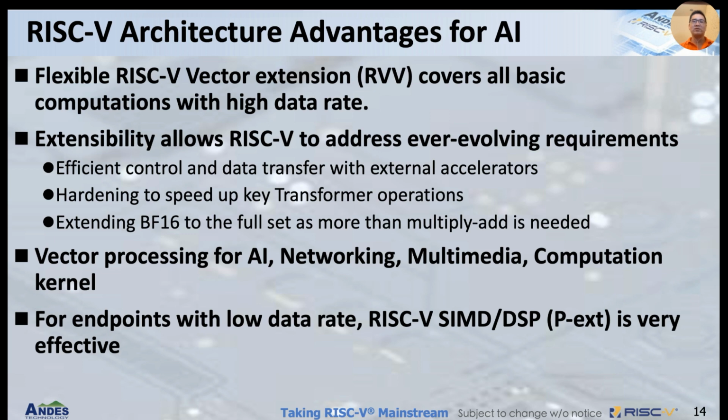Vector processing is not only beneficial for AI, but also for networking, multimedia, and computation kernels. For other endpoints with low data rate applications, we believe that RISC-V SIMD and DSP with the P extension should be an effective solution to address these kinds of devices.